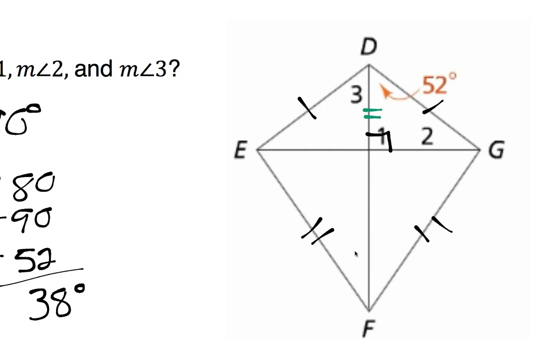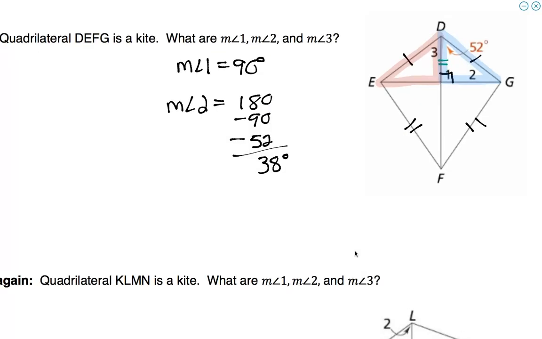So I'm going to say that this side belongs to each of these triangles. And that's a right triangle. And we have hypotenuse leg. Because of hypotenuse leg, these two triangles are congruent, which means that 3 is going to be the same as 52.